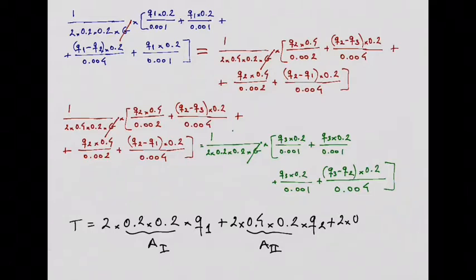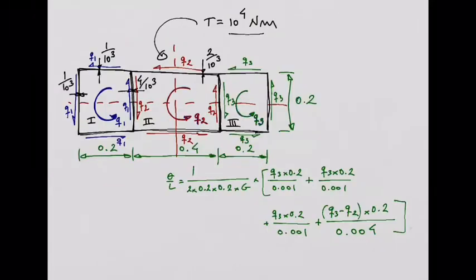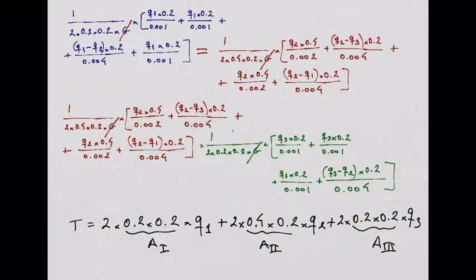And the contribution from the third cell is the area, 0.2 times 0.2, and the shear flow is Q3. Right? And this torque was given as 10 power 4, so I can replace this torque by 10 power 4 here. Three equations for three unknowns, which are the shear flows Q1, Q2, Q3. Problem C. Okay?